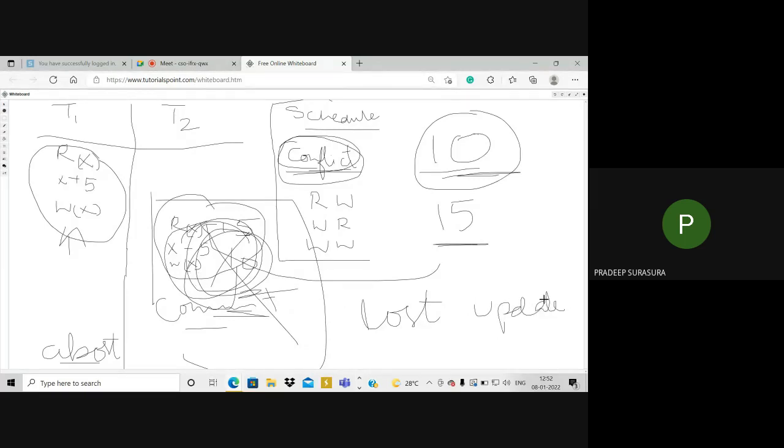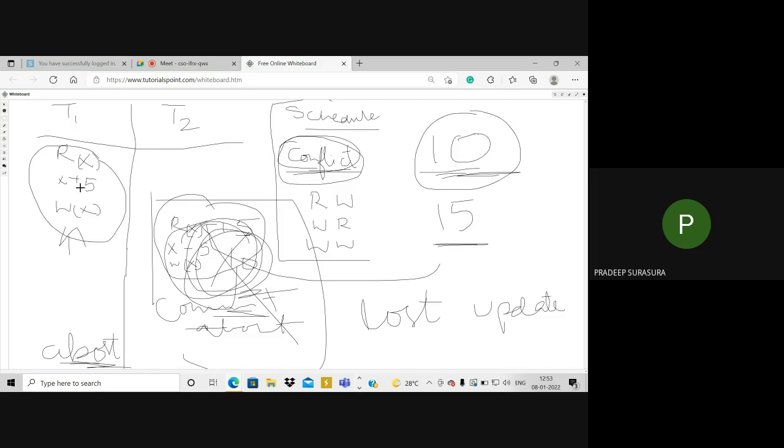Please understand, whatever transaction executed here will be lost because of this abort. There might be another abort here. When this is aborted, it comes back to this particular stage, and again if there is an abort, the whole thing will go back to the original r of x, that is 10.